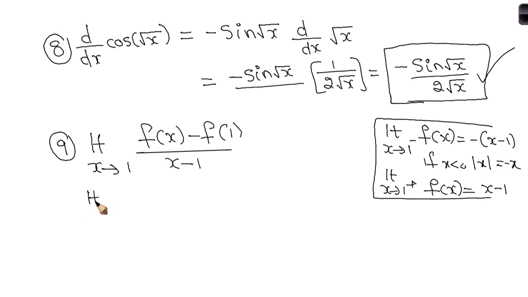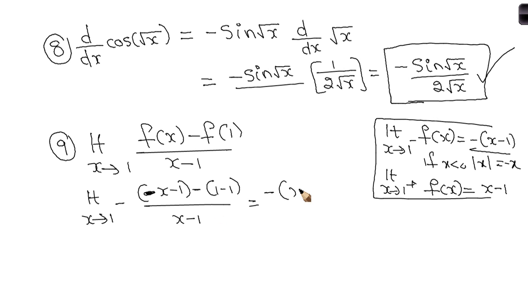So limit x tends to 1 minus, f of x is minus of x minus 1 minus f of 1, which is 1 minus 1, by x minus 1. So this becomes minus of x minus 1 upon x minus 1, which is equivalent to minus 1.